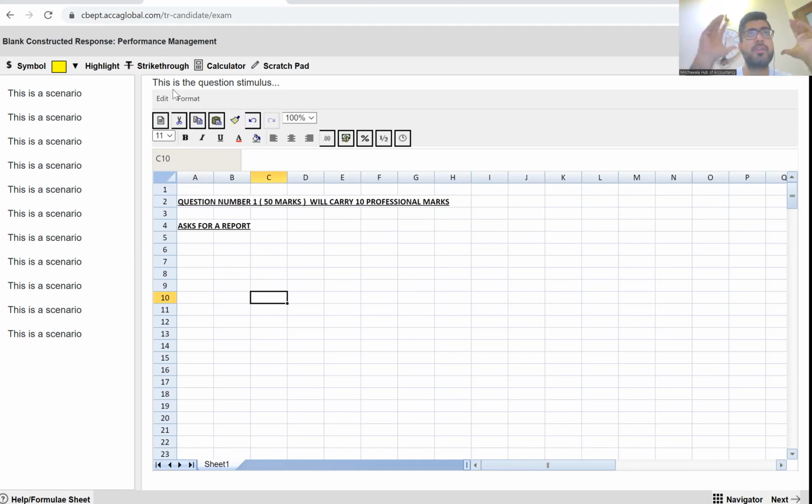There are 20 professional marks in your complete exam, but out of those 20, question number 1 of 50 marks will carry 10 professional marks. And you all know that question number 1 of 50 marks asks for a report.